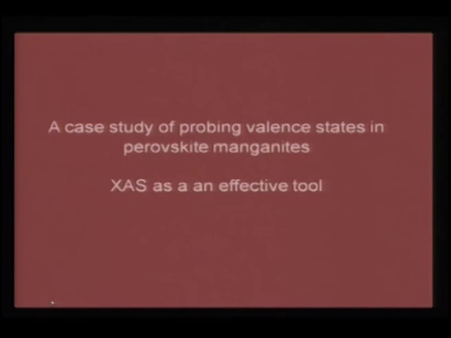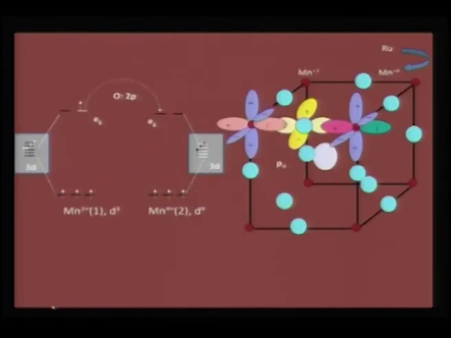As you know, perovskite manganese shows interesting properties both in terms of magnetism and electrical conductivity, and this actually comes from a phenomenon called double exchange, where the Eg electron from Mn3 plus goes to the unoccupied Mn4 plus Eg shell.